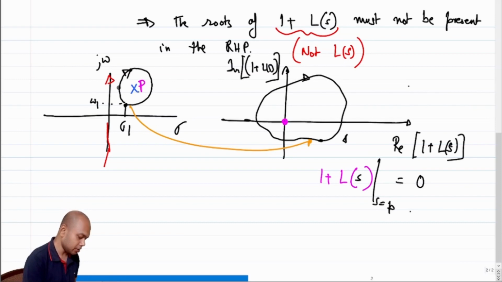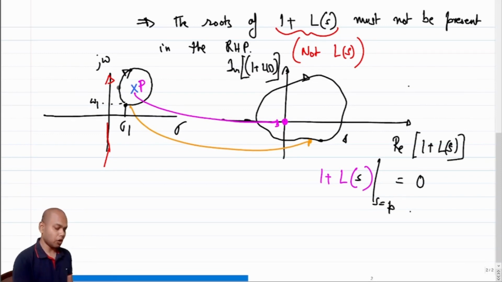So in other words, this pole maps to the origin in the transformed plane. So if I take a closed contour in the S plane which encircles the root, then in the transformed plane I will also encircle the origin.